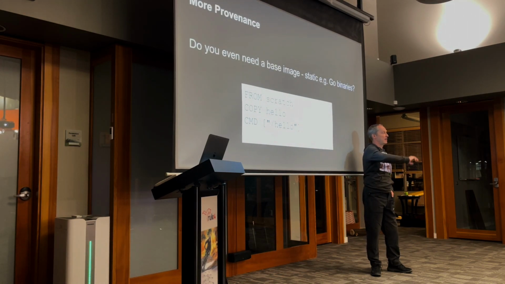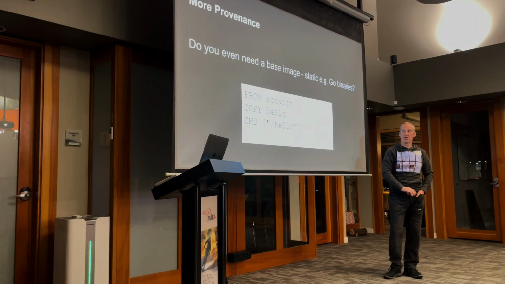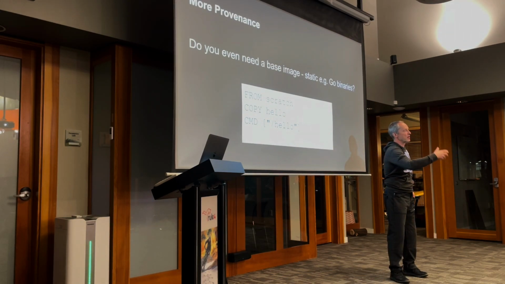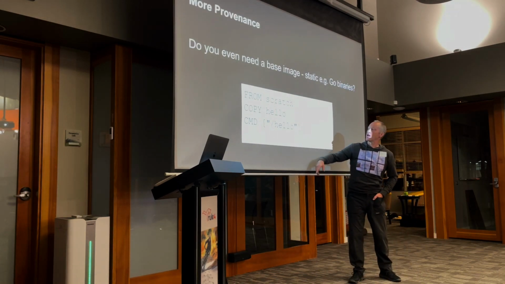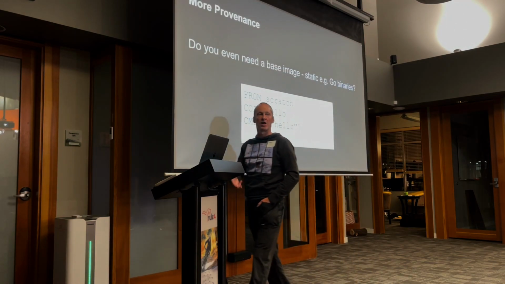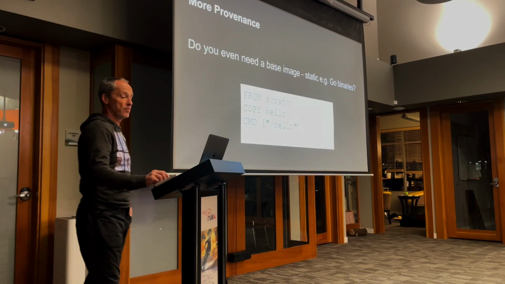It doesn't have /var, /proc, etc. It's just scratch, and then basically you add your static Go binary. It doesn't have to be Go, but Go is the obvious poster child. It's really big in the world of Kubernetes. It's statically linked, so it takes everything in with it. You copy hello in, and then your hello will just be able to run because it doesn't need anything else in there. So that's a great approach.